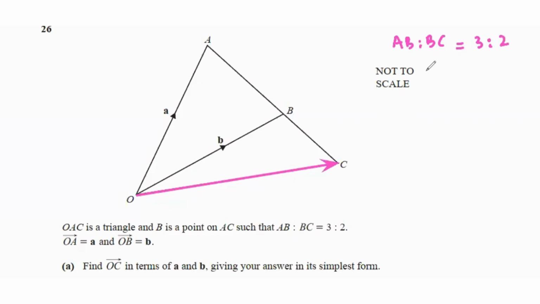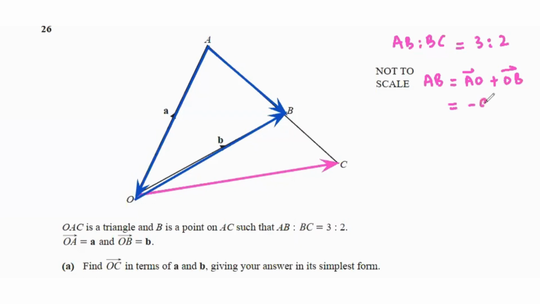And we can find AB by doing AO plus OB, which is basically, we draw it, AO plus OB. This will give us AB. So that's going to be negative A because the direction is opposite now.